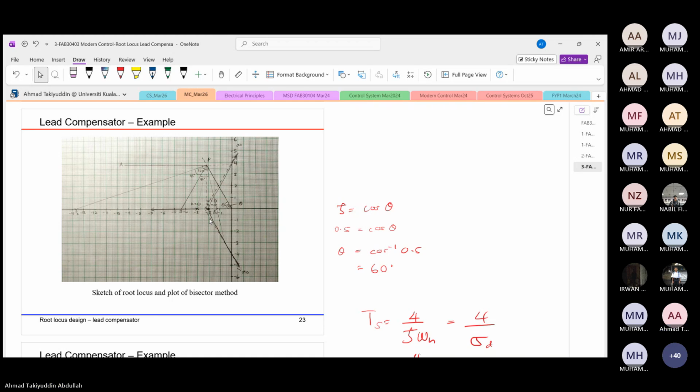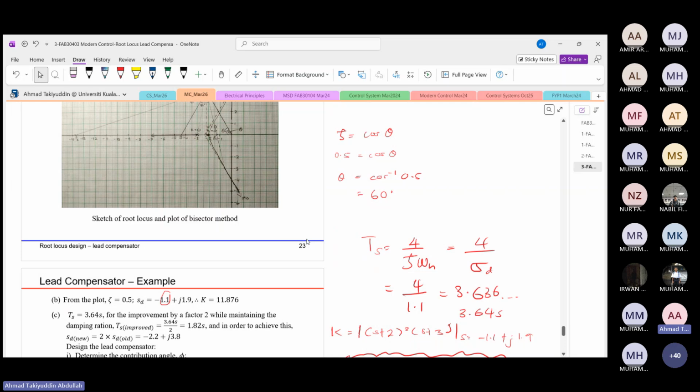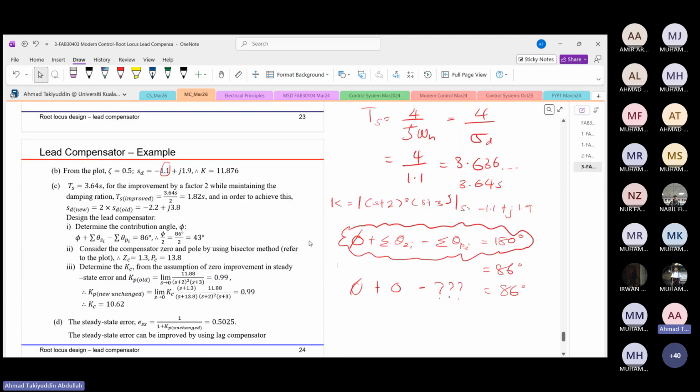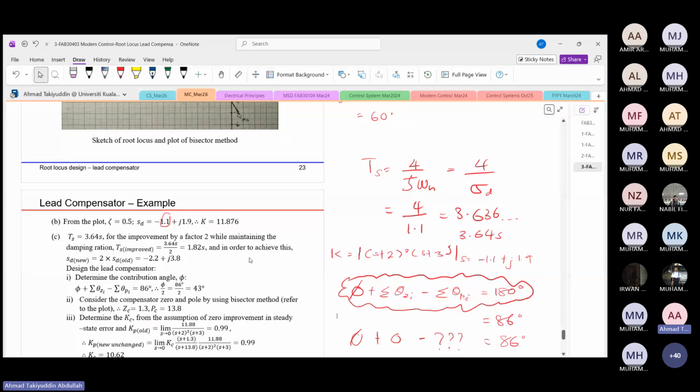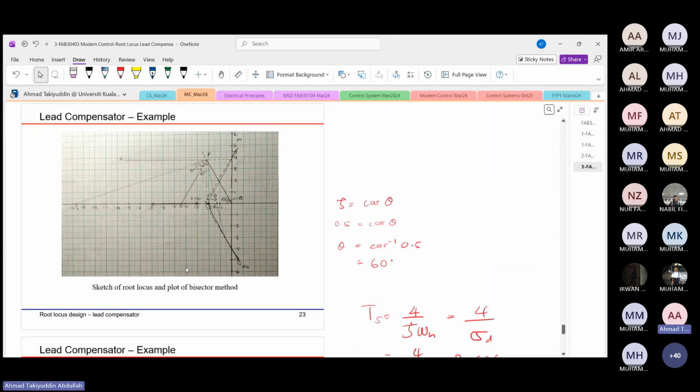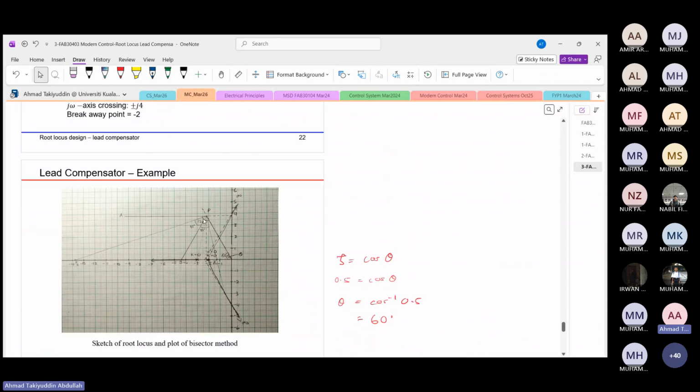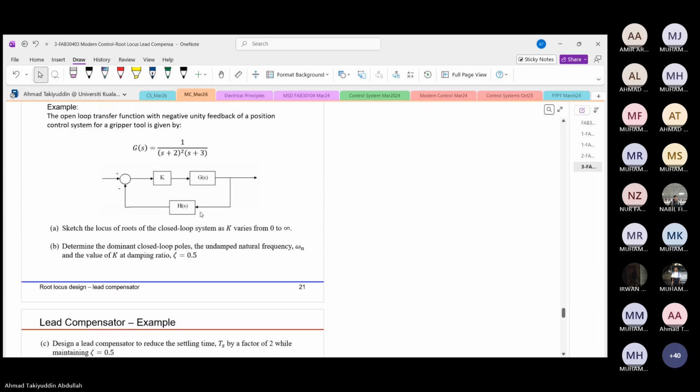Right? Okay. I don't think that you can actually catch up so much on this until you come out with your own plot. So let's reserve this. Try to come out with your own plot for this example.